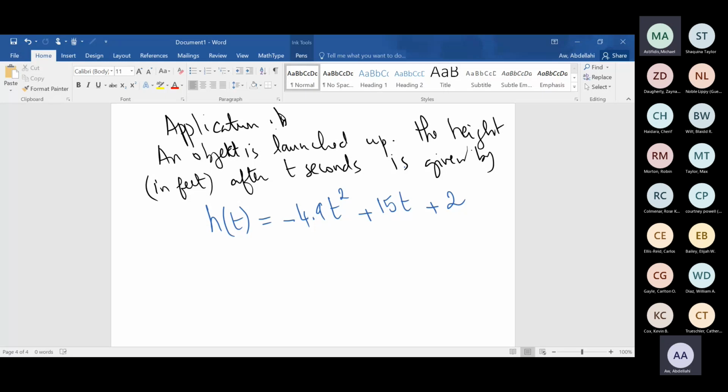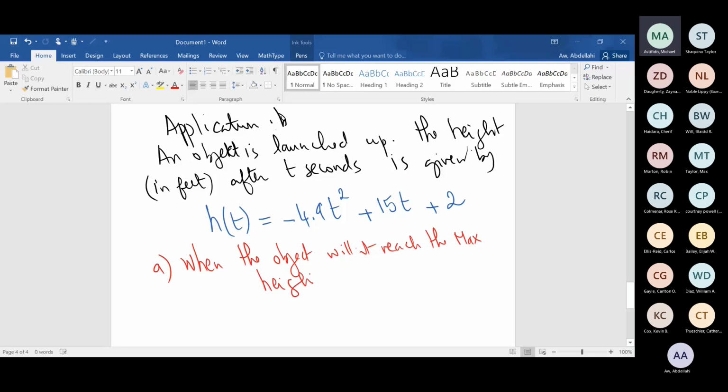The first question we are asking is, when will the object reach the maximum height? That is my first question. I'm not asking when the object will hit the ground.